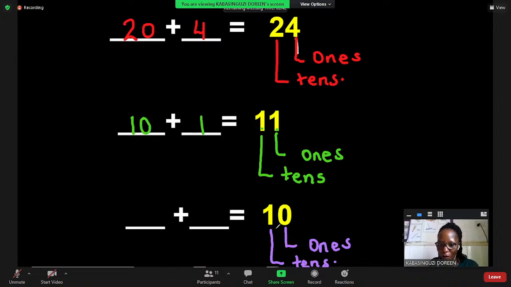Which number does 1 tens give us? It is 10 plus 0. Thank you, Shereen. 1 tens gives us 10, and then the 0 will remain 0 in the place value of ones. It will not change. So the answer will be 10 plus 0. In actual sense, if you add 10 plus 0, it will give you 10.